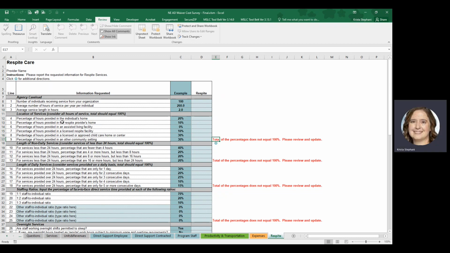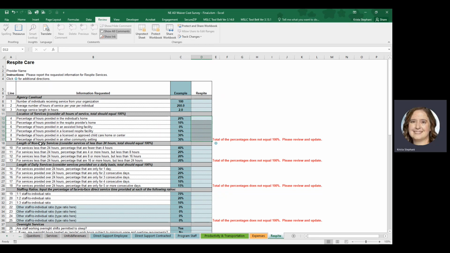So please indicate the percentage of your services or hours provided in an individual's home, in a respite provider's home, within an assisted living facility, within a licensed respite facility, within a licensed or approved child care home or center, or in any other community setting. As you can see, if we were to populate these services with the percentages provided in the example, this message goes away. Please verify before you submit your cost survey that you do not have that message appearing on this worksheet.